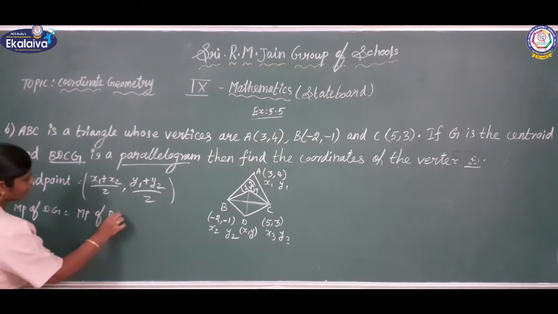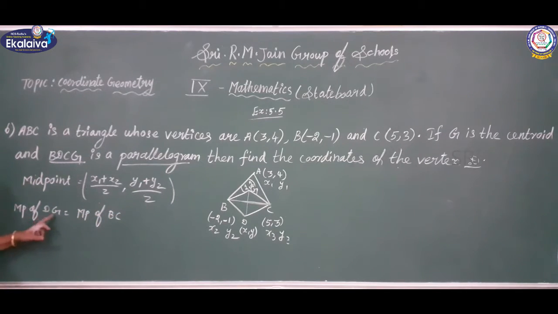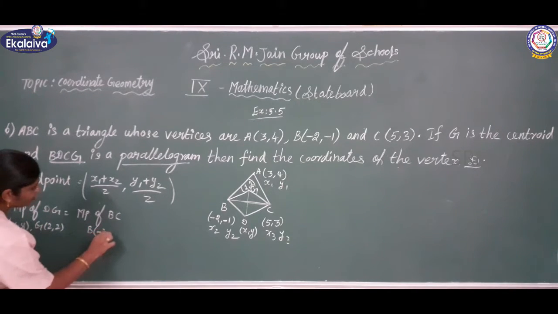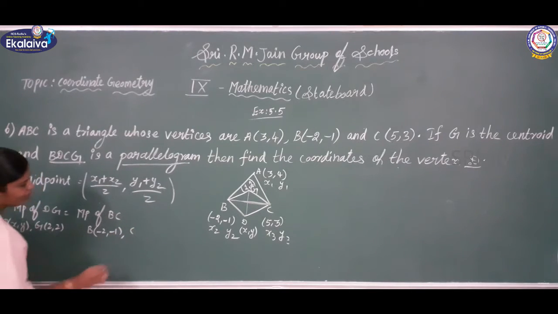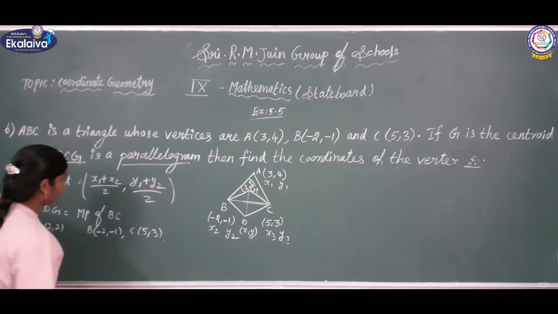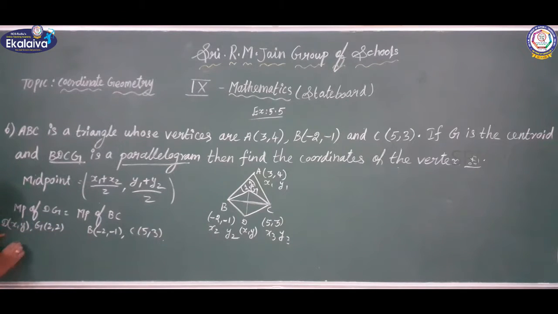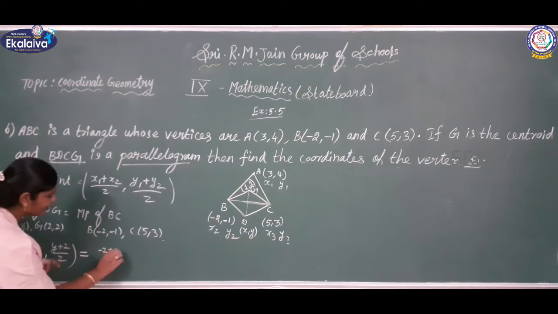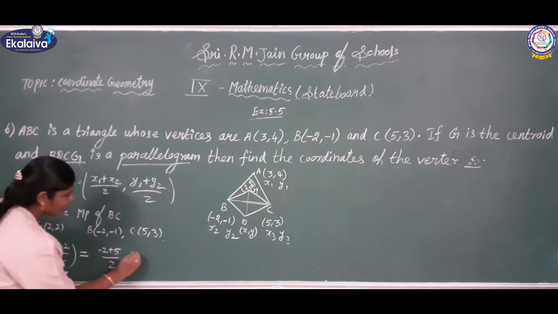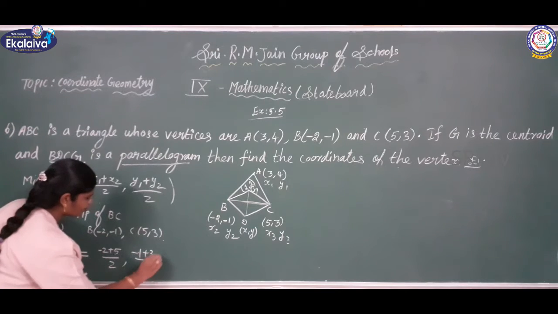We already told that. Okay. So here you substitute the value DG. Take the D coordinates: x comma y, and G coordinates 2 comma 2. Here B coordinates minus 2 comma minus 1 and C coordinate 5 comma 3. Substitute in the formula x1 plus x2. So x plus 2 by 2 comma y plus 2 by 2 is equal to minus 2 plus 5 by 2 comma minus 1 plus 3 by 2.